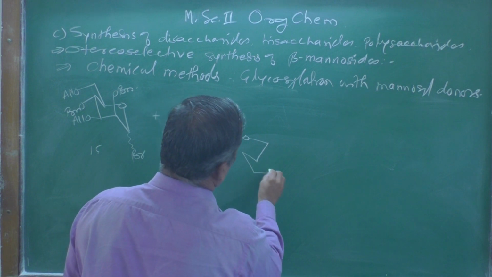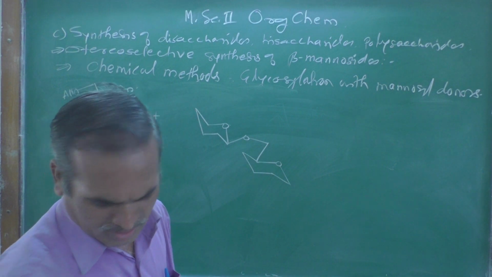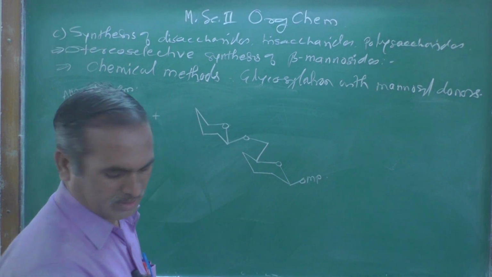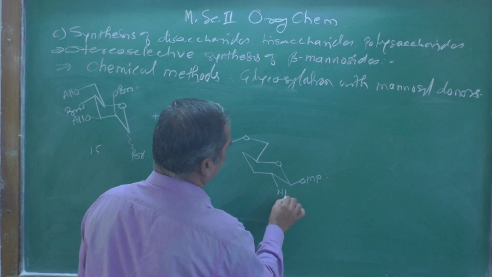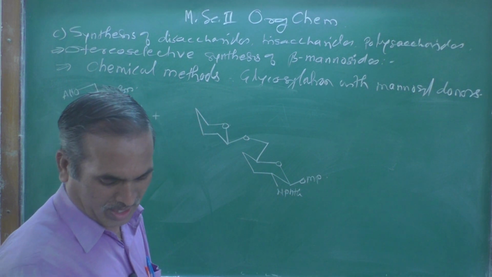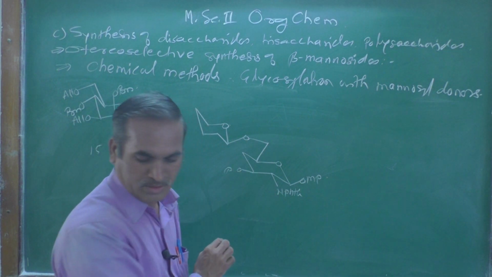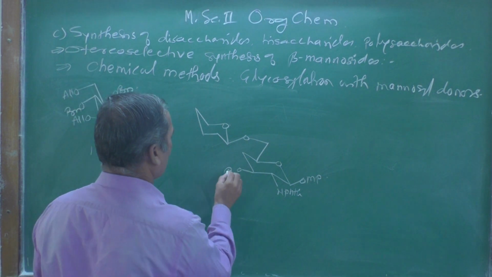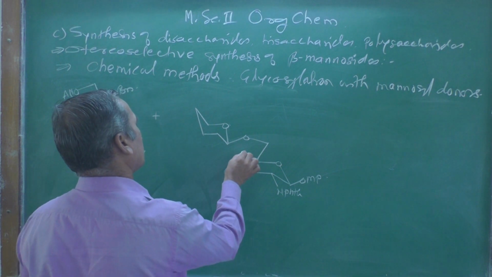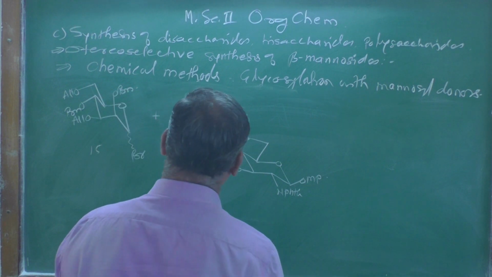Now observe the structure carefully. Here you will get this disaccharide structure, OMP, which is one of the groups, and at this position NPhth, which is a protecting group, is present at the equatorial position. Now OBn, benzyl group protected, and here we kept the free hydroxyl group.